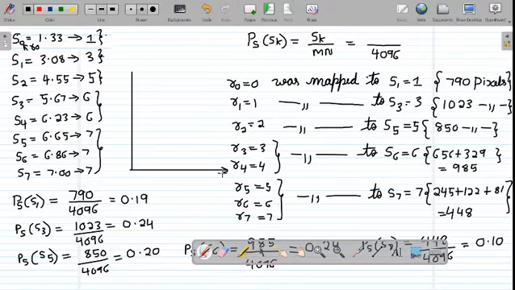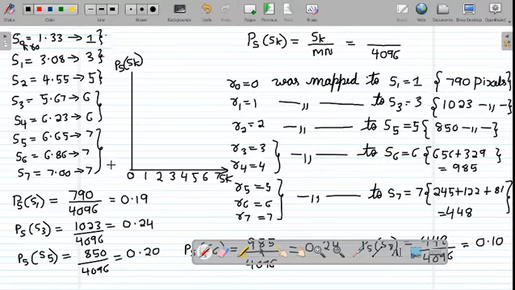So this is your SK, and this would be your PS of SK. At SK you just need to write down S0, S1 up to S7: 0, 1, 2, 3, 4, 5, 6 and 7.